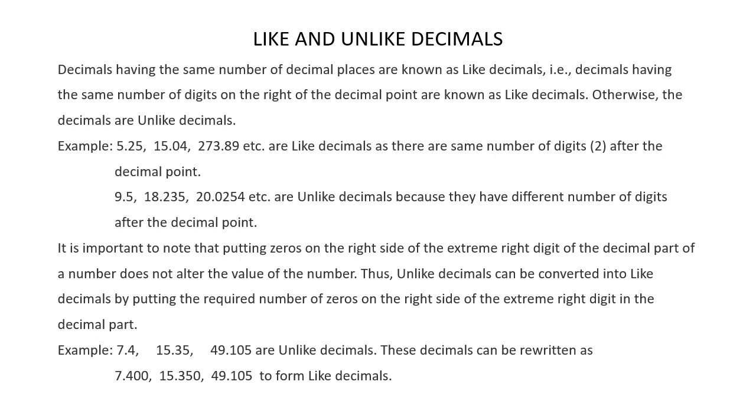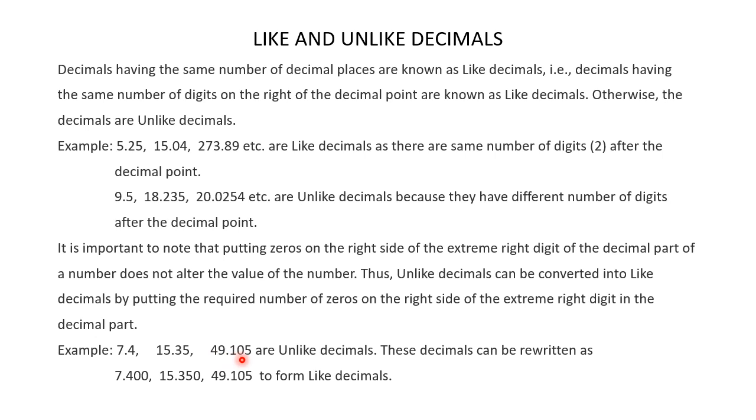Now these unlike decimals can be rewritten as like decimals by adding zeros after the last digit of the number. First, we have to consider the number that has more decimal places, that is, the number which has more digits after the decimal point.